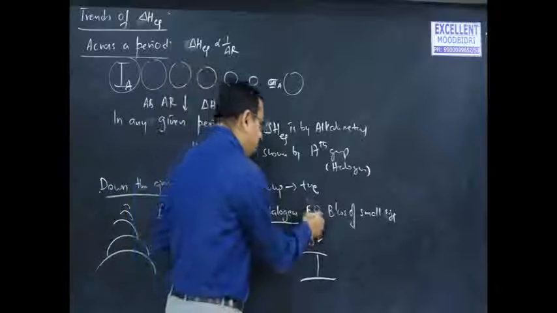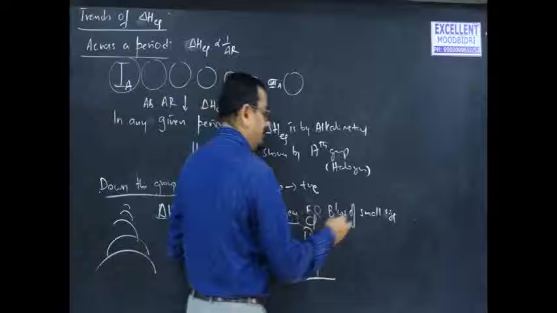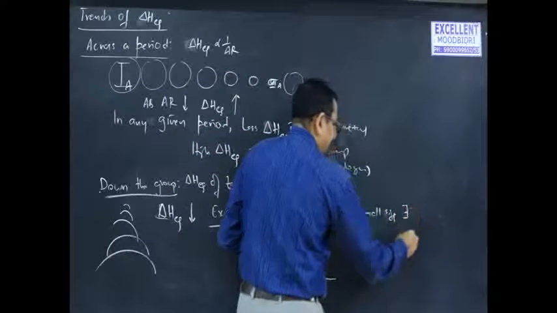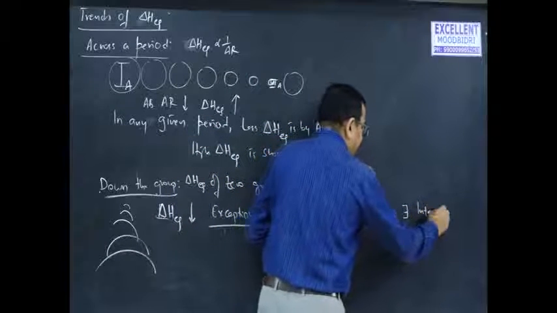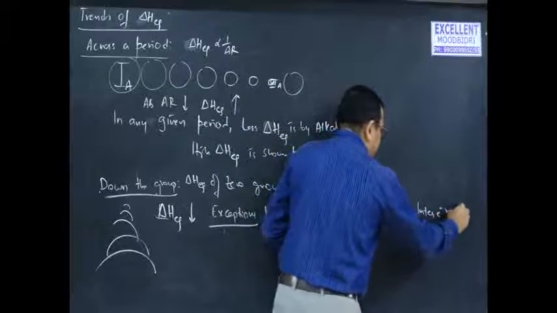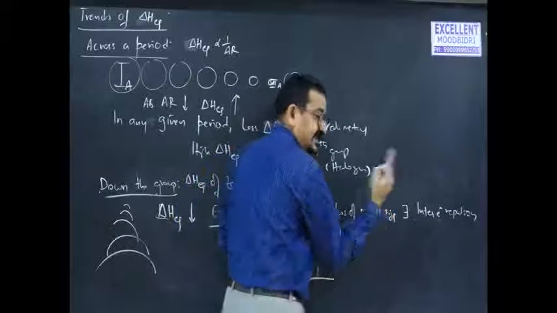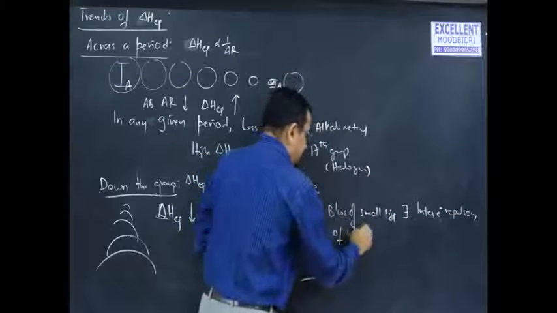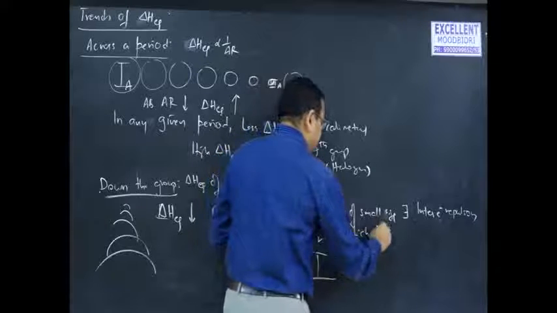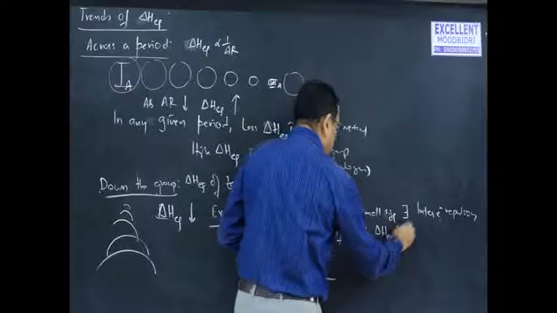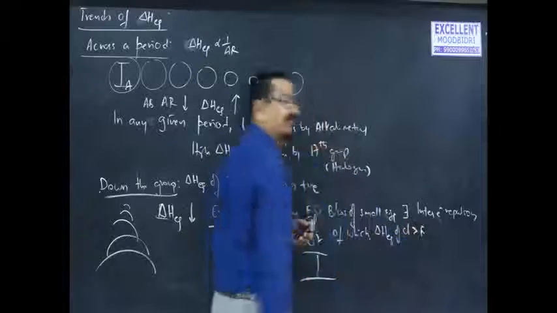So, high electron gain enthalpy is shown by chlorine. Because of the small size of fluorine, there exist interelectronic repulsions, of which the electron gain enthalpy of chlorine is greater than that of fluorine.